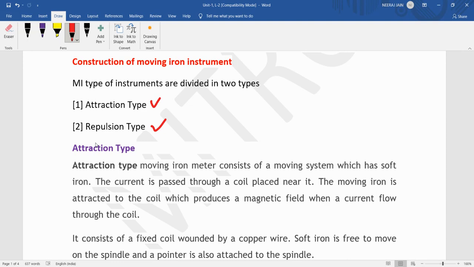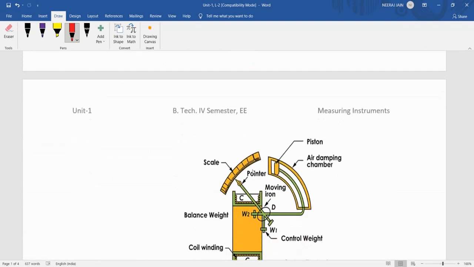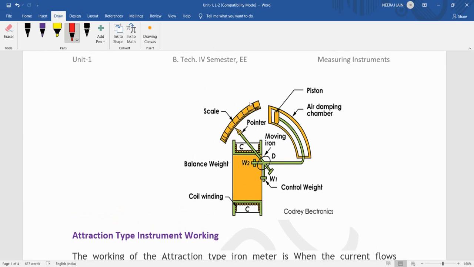Now here we will see the attraction type instruments. This is the basic principle of the attraction type of moving iron instrument. As shown in this figure, they contain a moving piece of iron that is movable, and a pointer is attached to it.